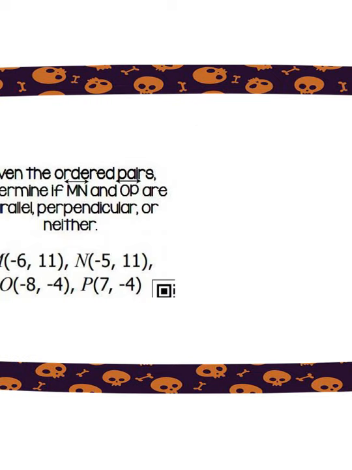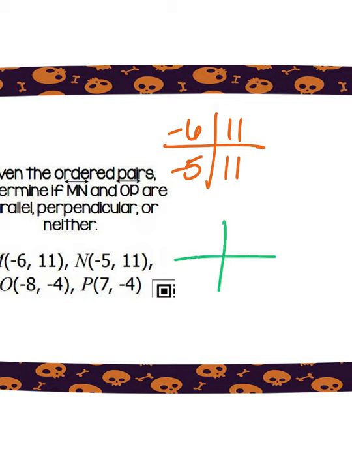Here's our next set. So I'm going to set up my ordered pairs. Let's see, -6, 11, -5, 11. And then my other set would be -8, -4, and then 7, -4.